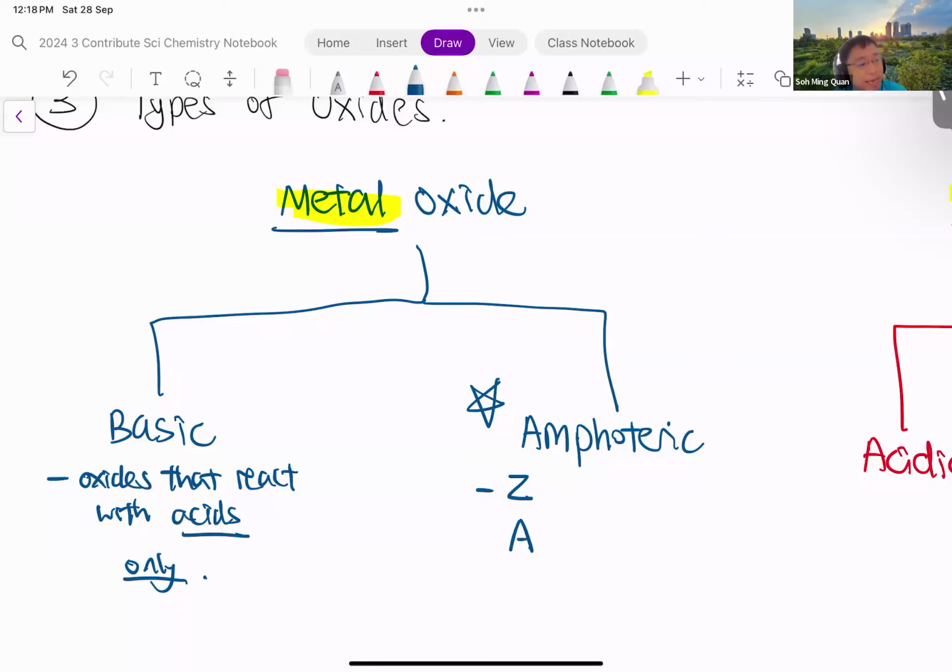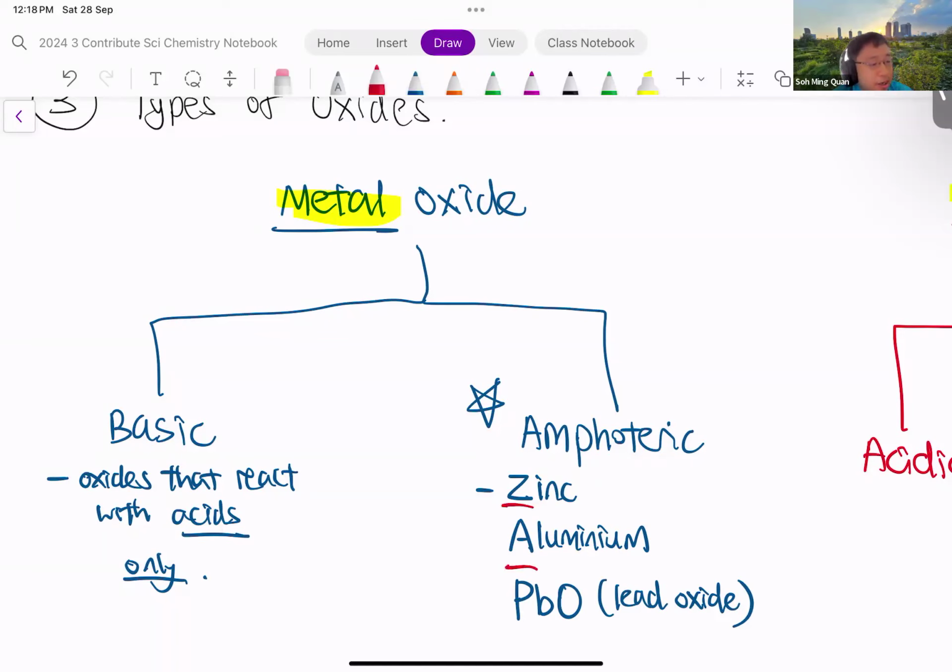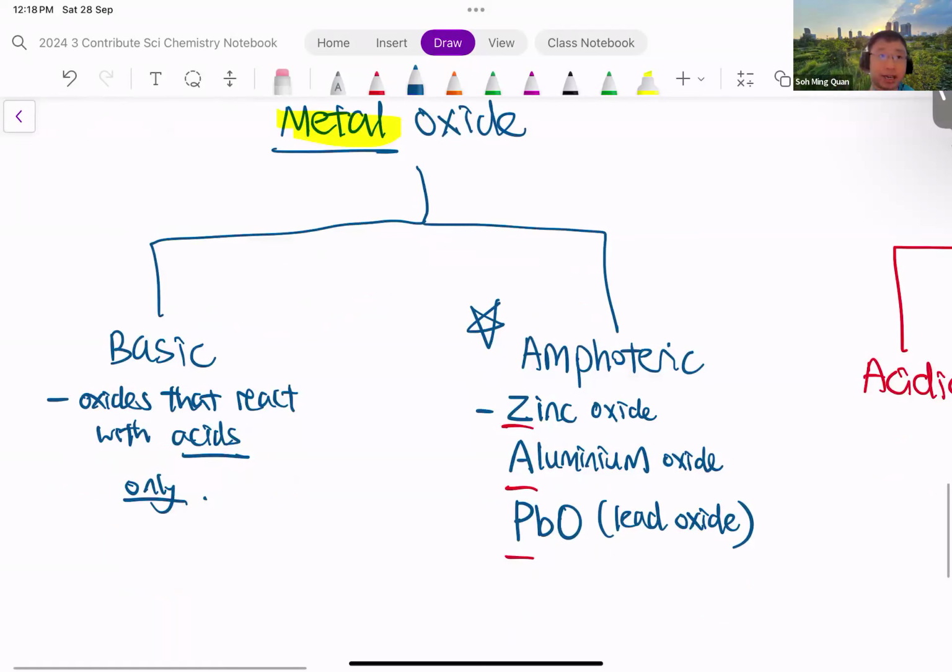The special metals are zinc, aluminium. Now, the last one, of course, is lead. Okay, so we remember it as ZAP: zinc, aluminium, lead. So zinc oxide, aluminium oxide, lead oxide, they are amphoteric. So why are they amphoteric?